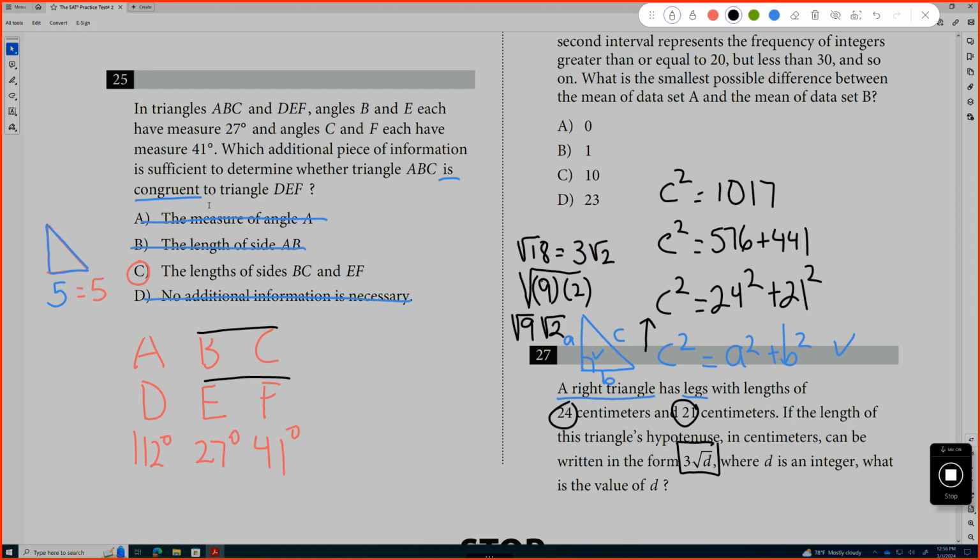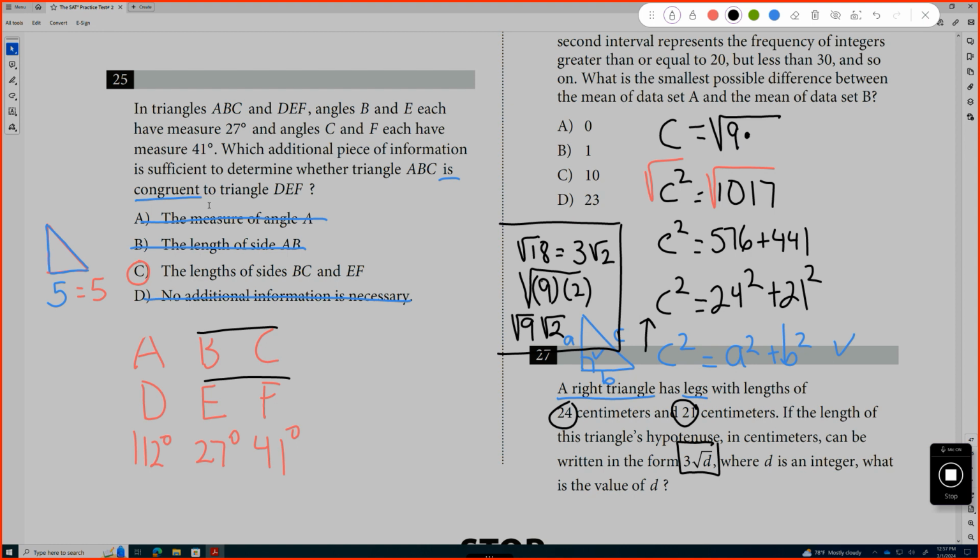Okay, so we need the same 3 here. That means that we need to divide 1017 by 9. That was my side example as to why we get a 3 outside the radical. So now we have to take the square root of both sides, and that's how we get c out. That's what we solve for c. That's going to be equal to the square root of 1017, which is going to be equal to 9 times 113.